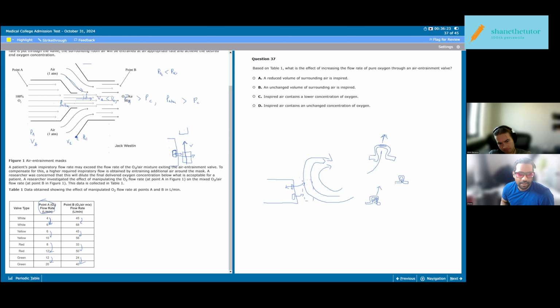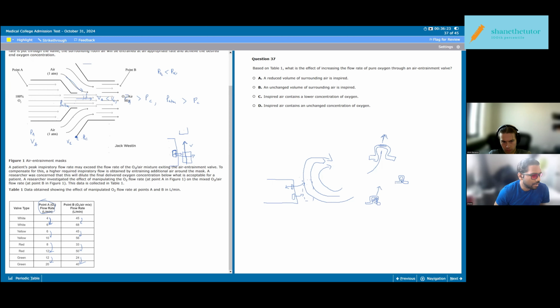And then the guy was concerned that this would dilute the final delivered oxygen. And so they collected the data. So it seems like if the flow rate of the pure oxygen increases, the flow rate of the oxygen air mix increases.